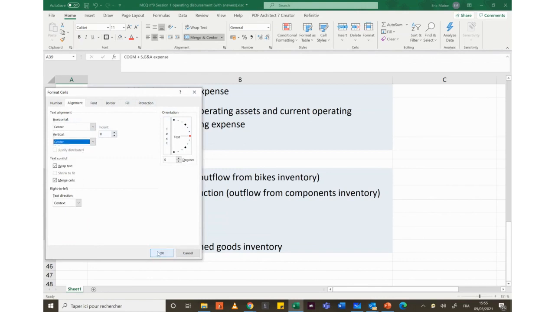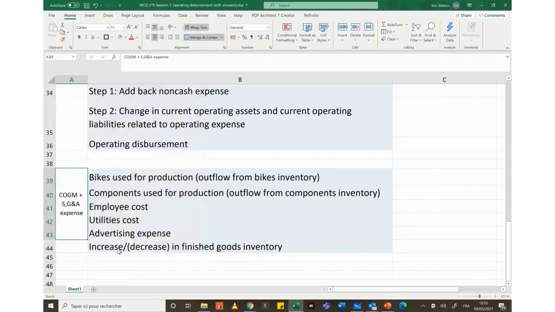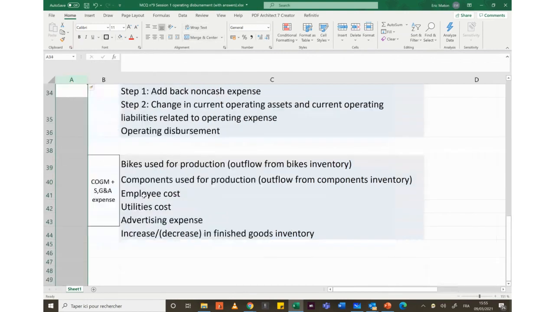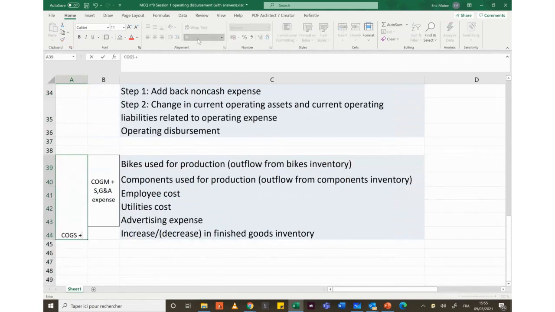If I want the equivalent of the cost of goods sold plus SG&A expense, it means all the operating expense in function of what I sell, total operating expense, I need to include the change in finished goods inventory.